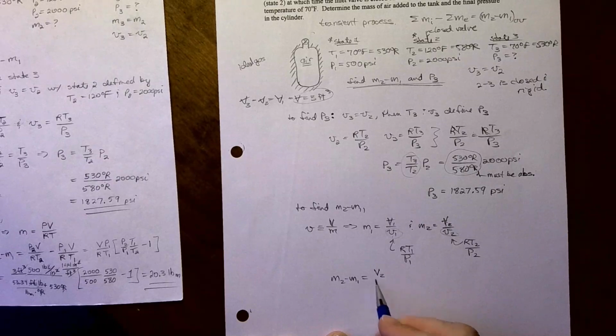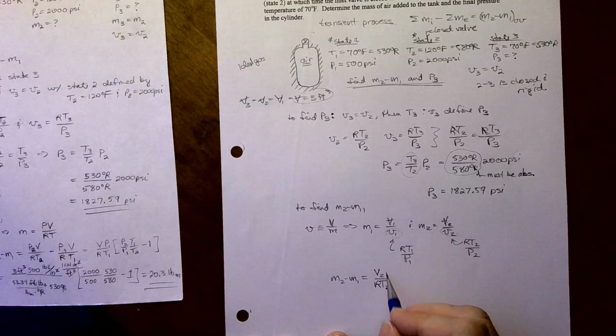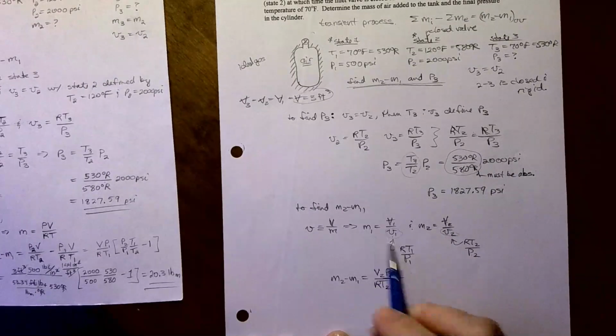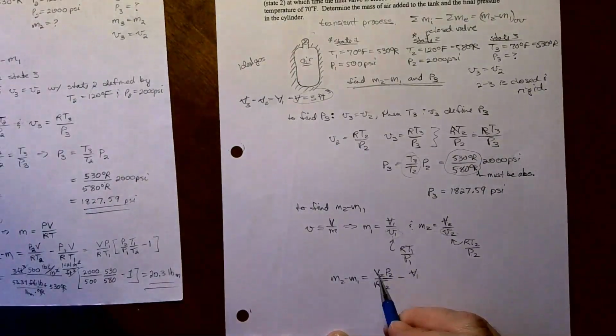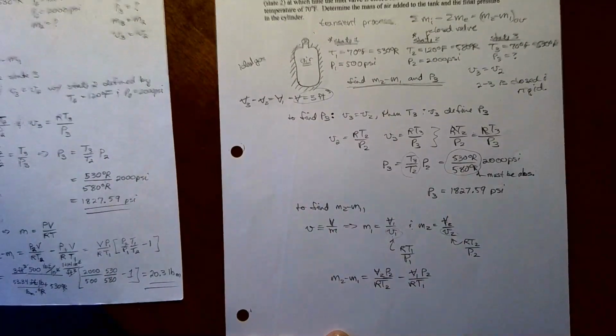over RT2 in the denominator. The P2 in the denominator of the denominator comes to the numerator. Minus, do that again for M1: V1 divided by RT1 times P2.